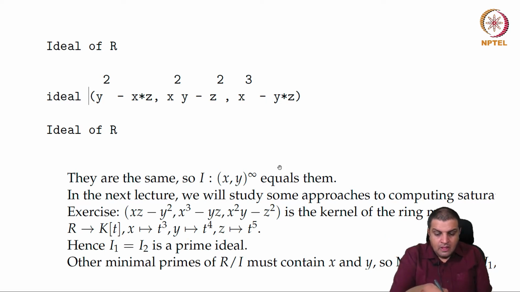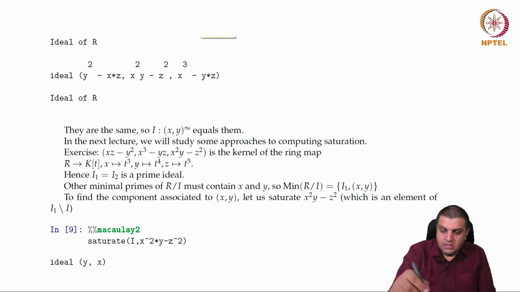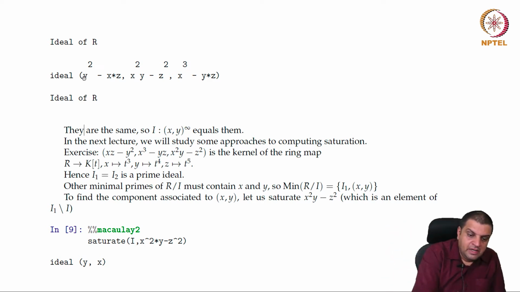Okay. So in the next lecture or later in this lecture, we will study some approaches to computing saturation. Right now, we will just continue with this. So we need to understand this ideal now. What does it look like?